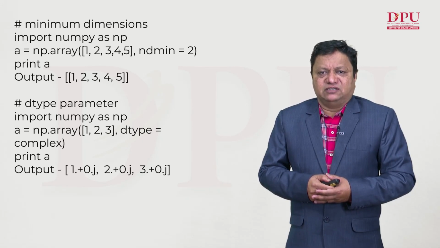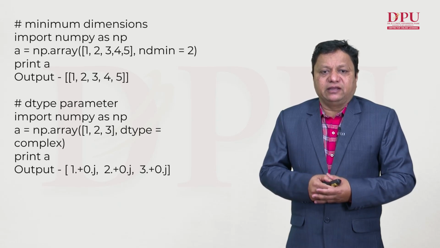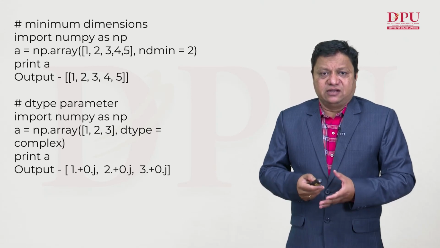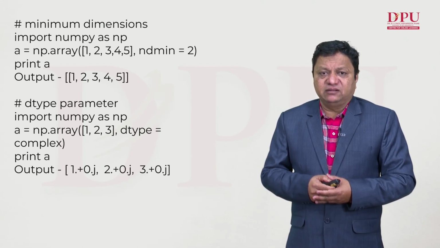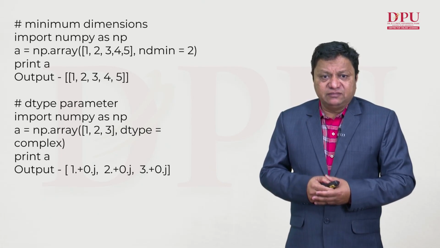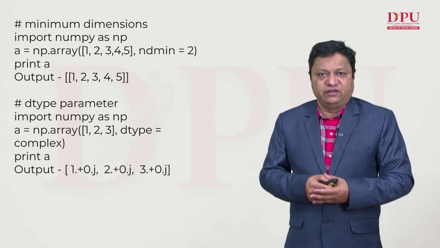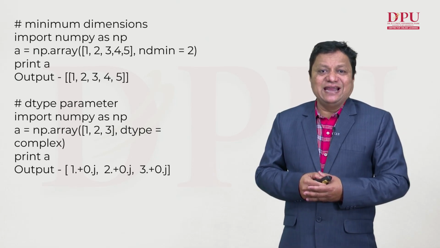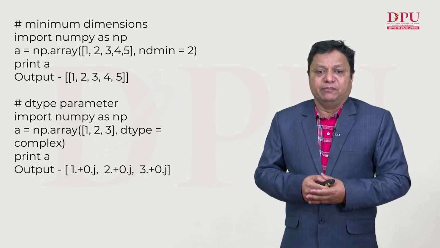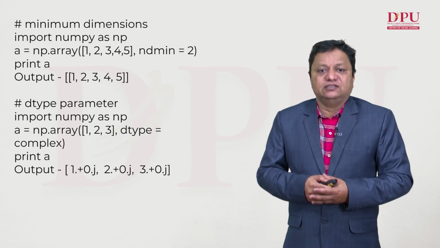Now, minimum dimensions means what? How can we create an array by specifying the dimensions? We have to import NumPy as np. A is equal to np.array in the rounded bracket, in the square bracket specify the values as 1, 2, 3, 4, 5 and complete the square bracket, comma, now specify the ndmin, that is ndmin is equal to 2.